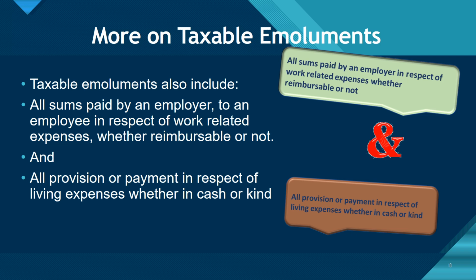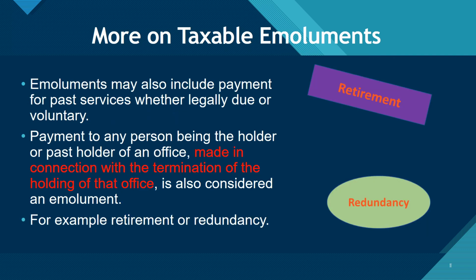Taxable emoluments also include all sums paid by an employer to an employee in respect of work-related expenses, whether reimbursable or not, and all provisions or payments in respect of living expenses, whether in cash or kind. Emoluments may also include payment for past services, whether legally due or voluntary.